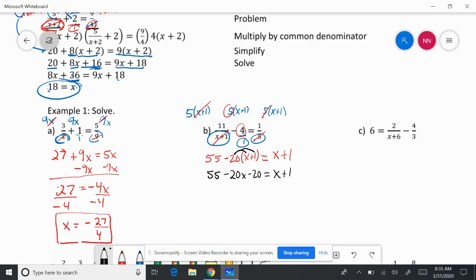I add the like terms. So that means that 55 and negative 20 give me 35. I'm going to add the 20x on both sides to get the x's together.